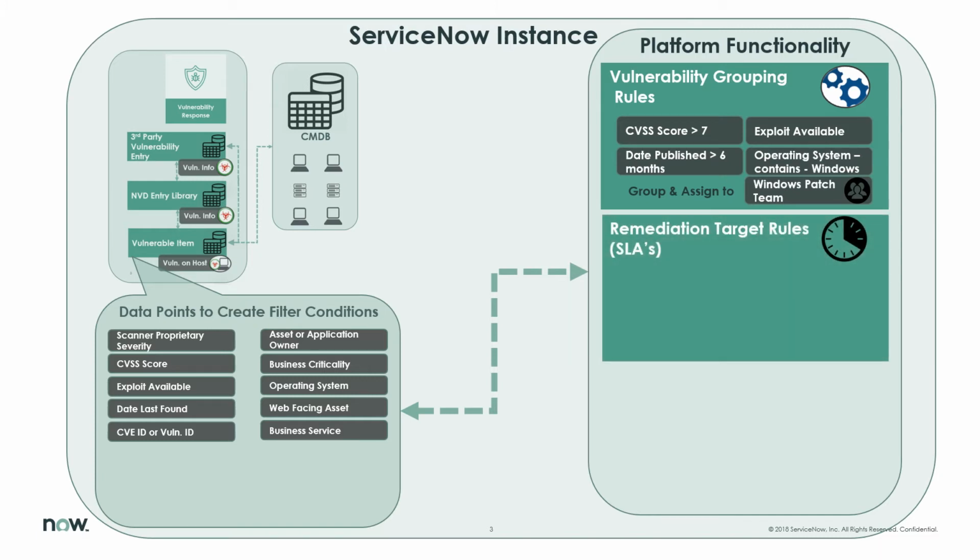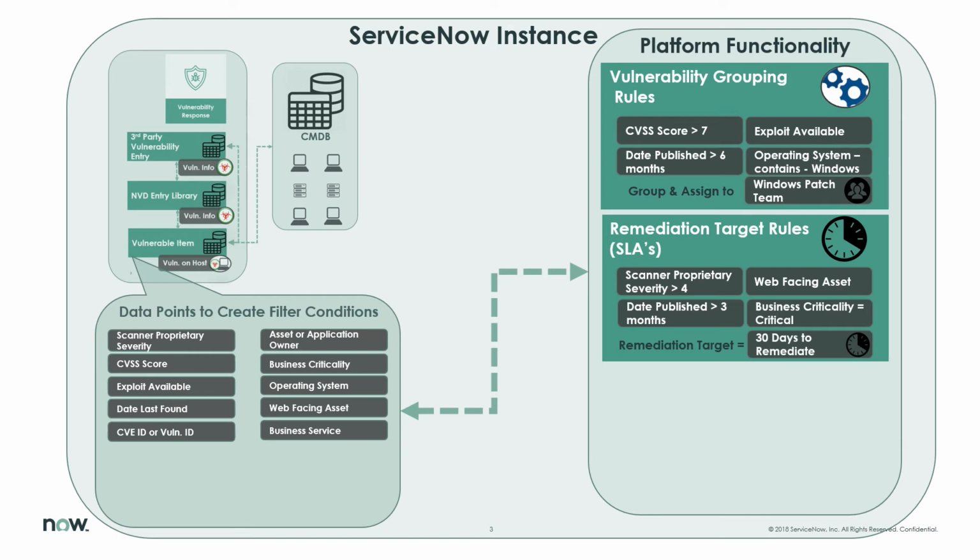Next, let's take a look at remediation target rules, or SLAs. These are basically the timeline you establish to remediate certain types of vulnerabilities. And again, we can use these data points to create filter conditions to say any vulnerability with a scanner proprietary severity score greater than 4 on a web-facing asset with a date published greater than 3 months and on a business critical asset needs to be remediated within 30 days.